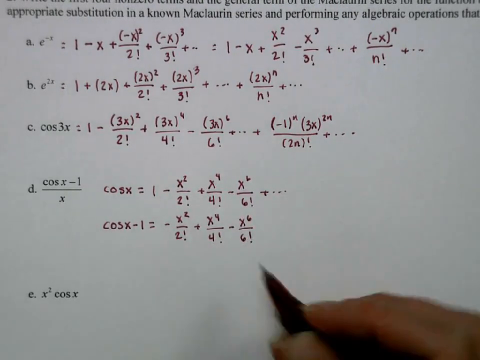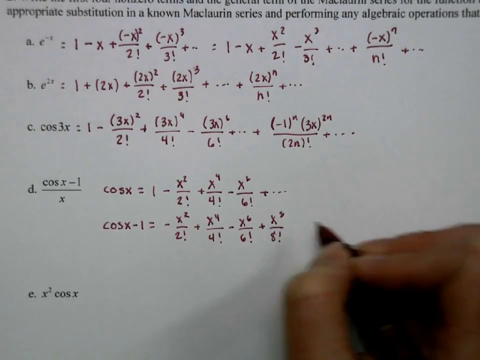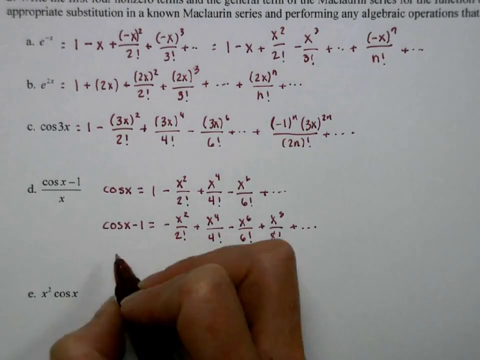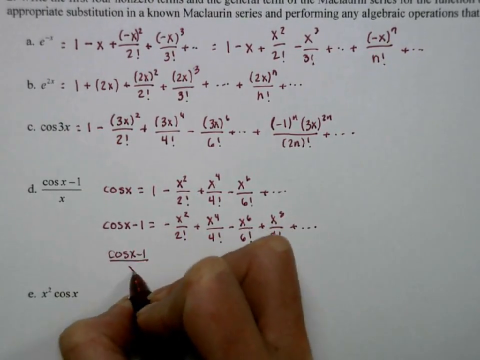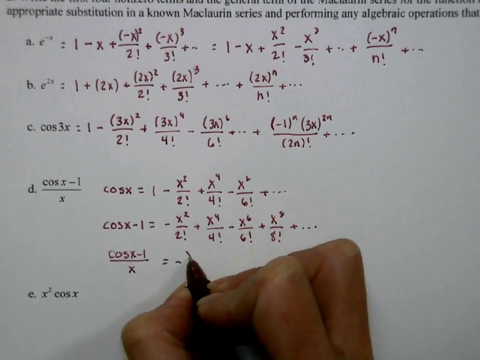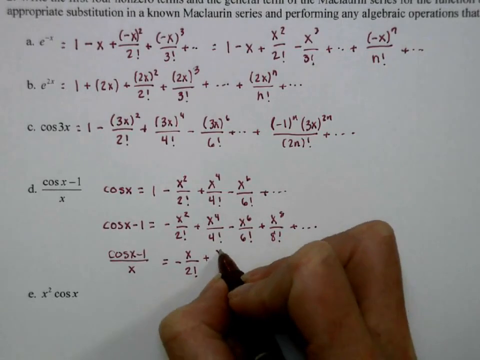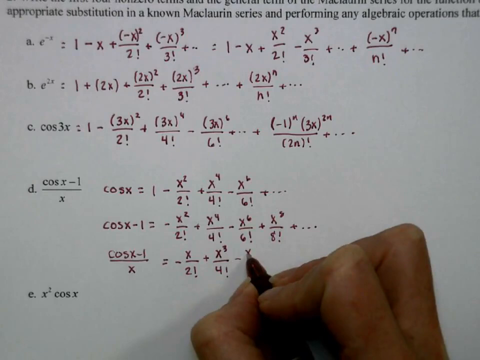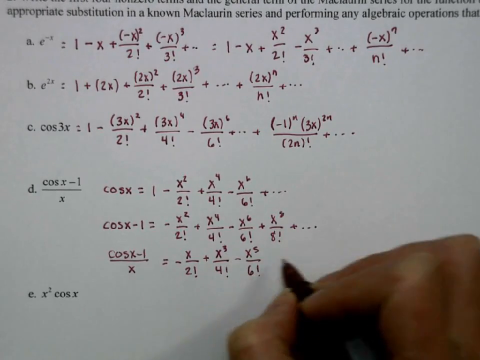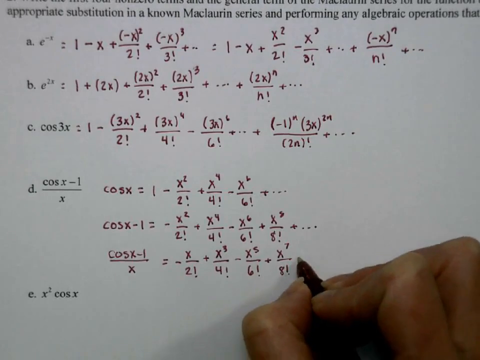Since we lost a term, I'll go ahead and add the next one because we need 4. And then divide everything by x. So you get negative x over 2 factorial, x cubed over 4 factorial, x to the 5th over 6 factorial, x to the 7th over 8 factorial.